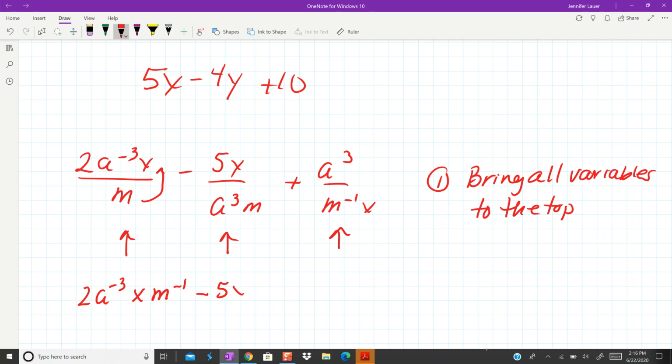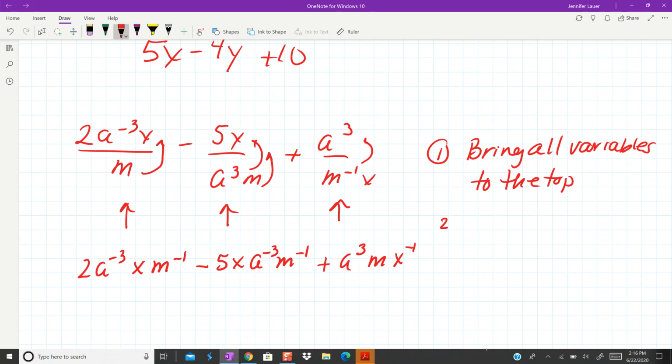Then I'm going to go to the next one. I'm going to bring up my a and bring up my m. Again, just bring them to the top. All you're doing is switching signs with the exponent. So this makes it become positive. The x becomes negative.